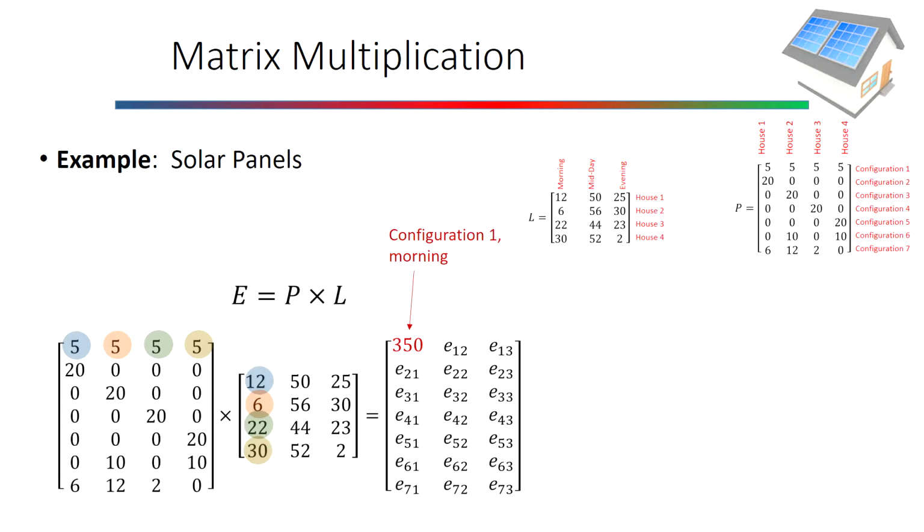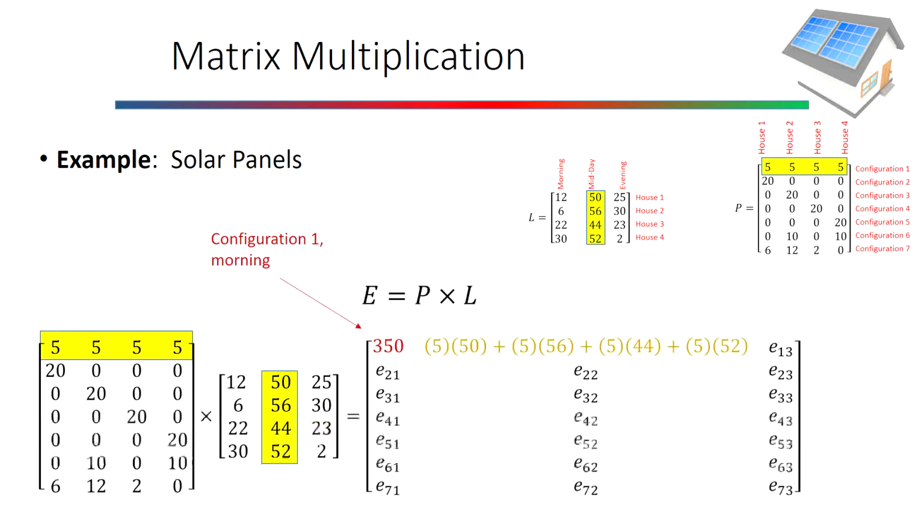Next, let's calculate element 12. We know that element 12 will be equal to the dot product of the first row of matrix P multiplied by the second column of L. It is thus equal to 5 times 50 plus 5 times 56 plus 5 times 44 plus 5 times 52.